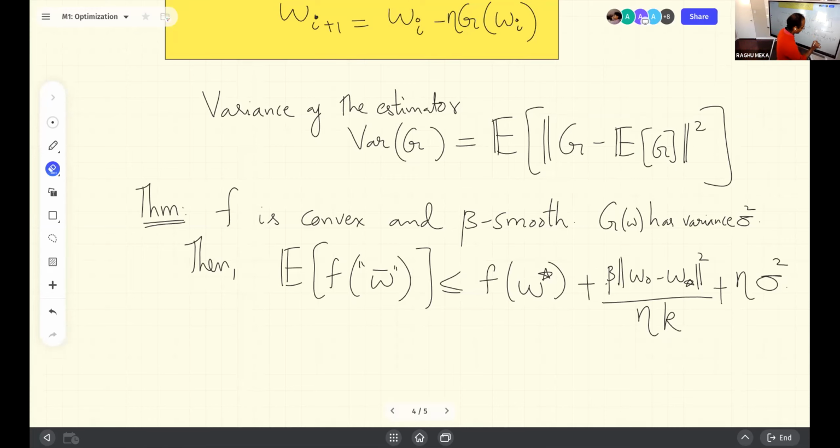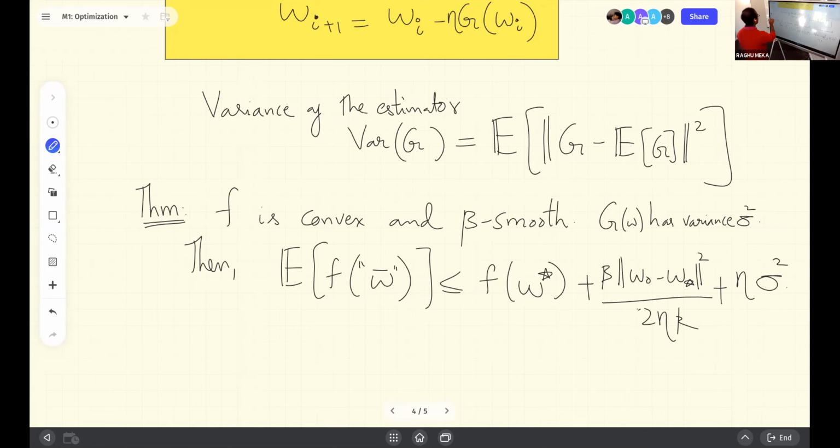So maybe let me write it properly. It's almost like gradient descent, except for this added term corresponding to the variance that your estimator has.